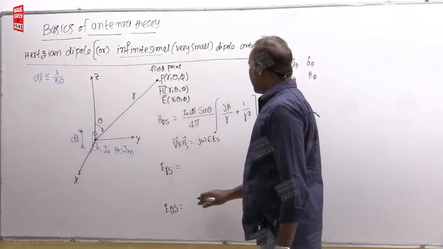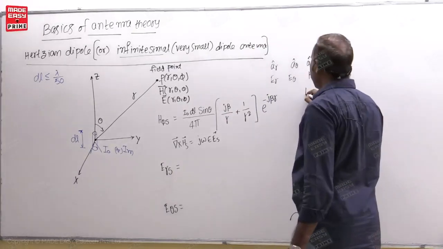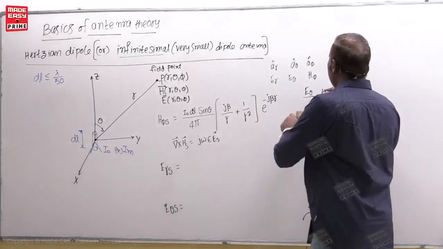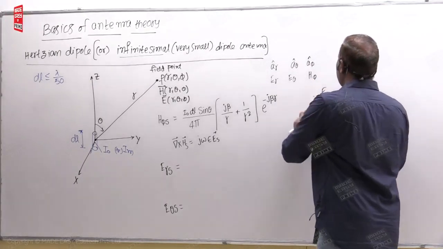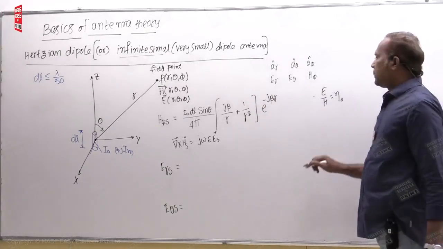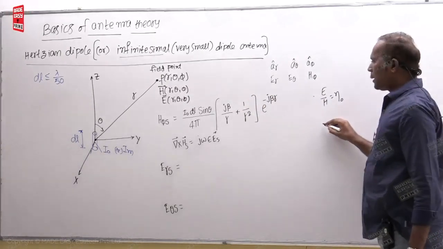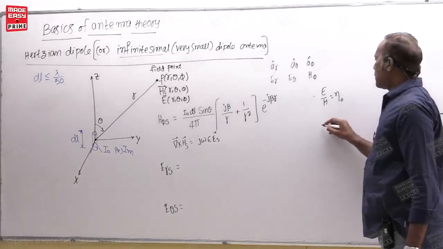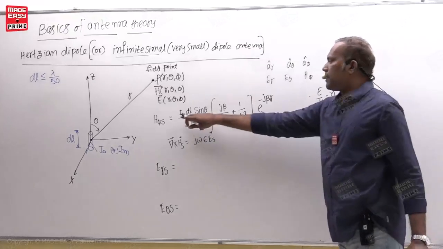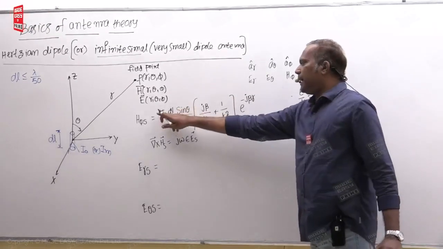If I write electric field theta component, dear students, electric field divided by magnetic field is equal to eta, and here for air medium it is eta naught. That means E by H, so you want E is equal to eta naught into H. So this is H and you have to multiply eta naught also.